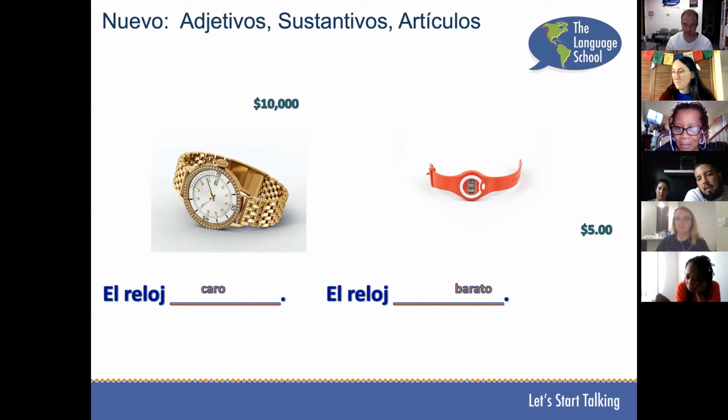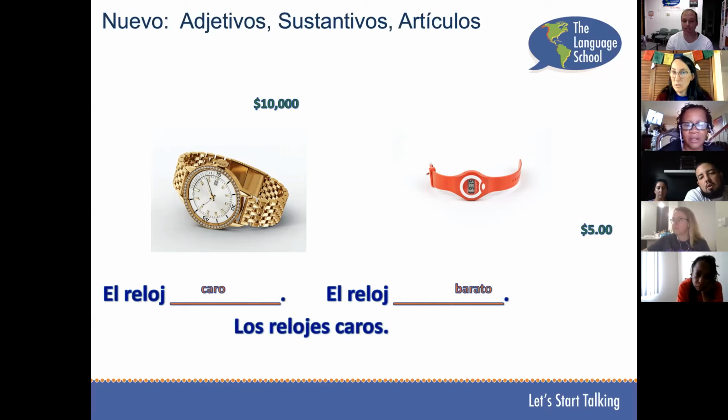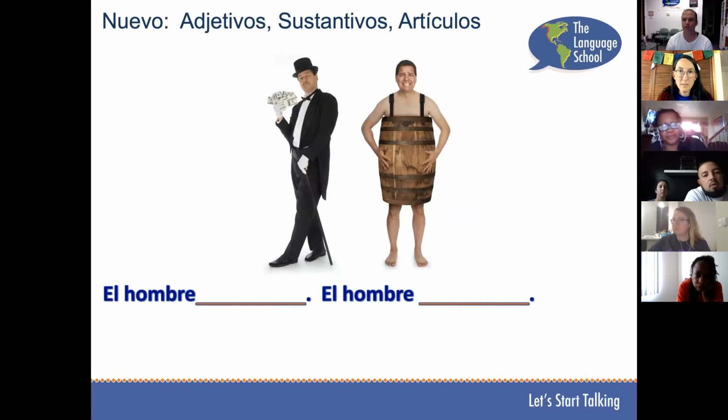Barato. El relojes caros. So you want to make every word plural. So starting with el, change el to los. Los relojes caros. Los relojes baratos. Muy bien. Okay, nice job, Daisy.